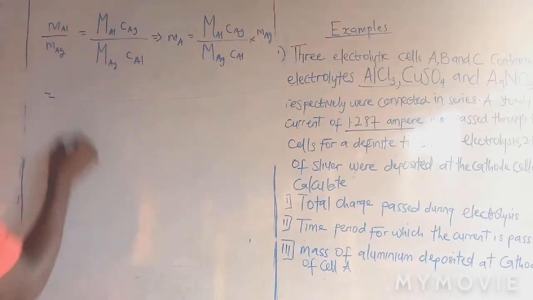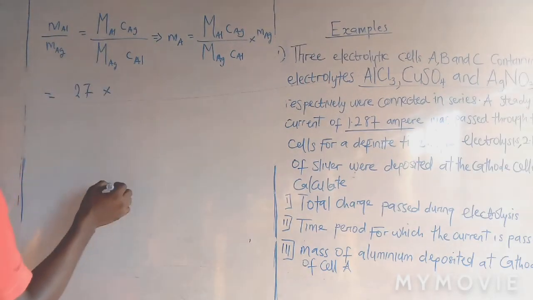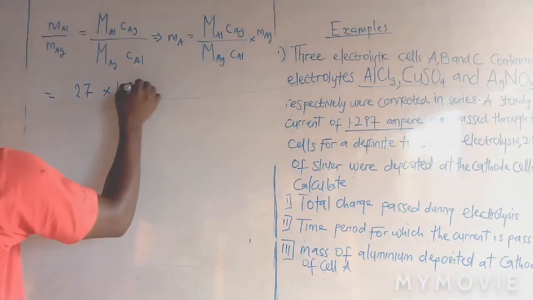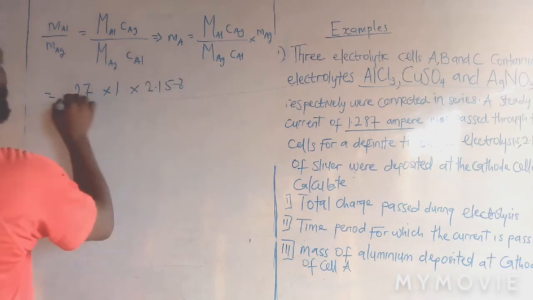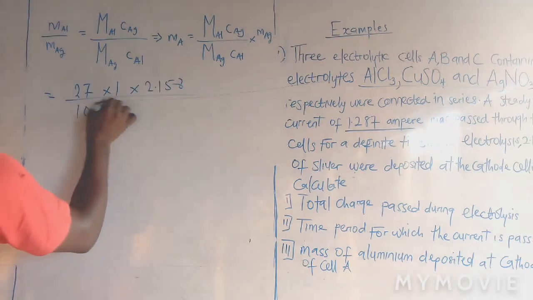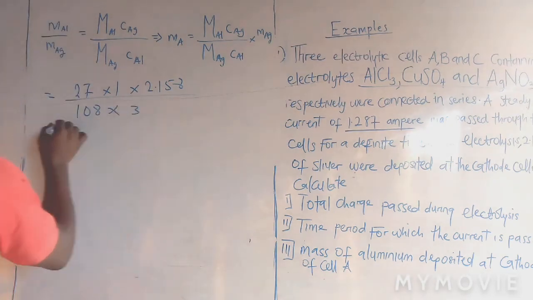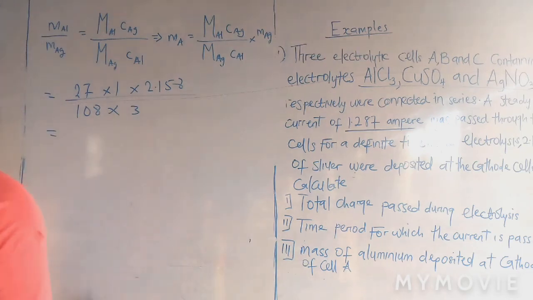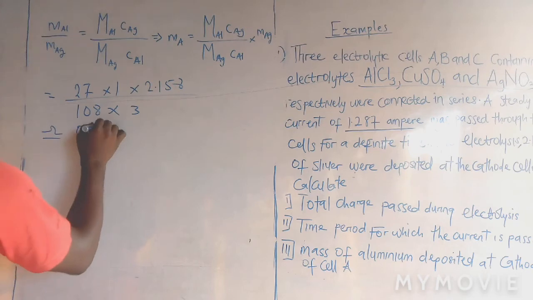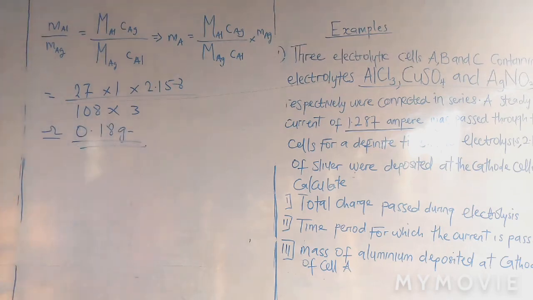So this will give me molar mass of aluminium is 27 multiplied by C of silver, which is 1, multiplied by 2.158 over molar mass of silver is 108 multiplied by charge of aluminium, which is 3. When you use your calculator, you are going to get an approximate value of 0.18 gram.